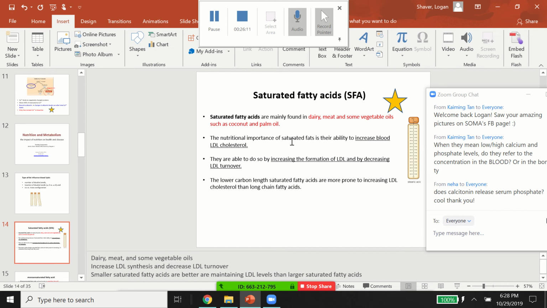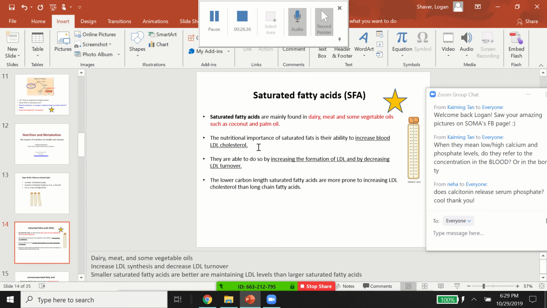But anyway, the main importance of these saturated fatty acids, what exactly does it do to your cholesterol? It will increase LDL cholesterol, otherwise known as typically the bad level of cholesterol. But of course, you do actually need some LDL, so it's not like you want it to be super low. But you don't want it high. It's one of those things.